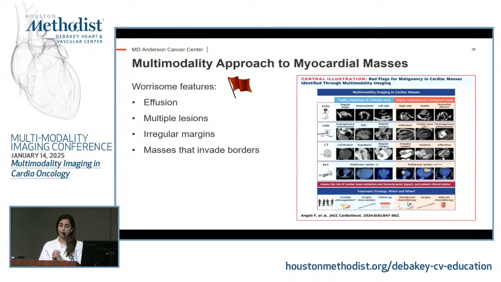Effusions are very bad. Anytime there's an effusion, any cancer patient, active or prior history, you gotta worry. They're never benign in my mind. So you have to look further. Multiple lesions tend to be malignant. Any masses that are irregular in border or invade borders tend to be bad.